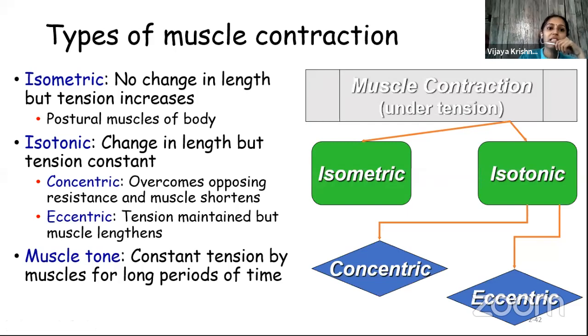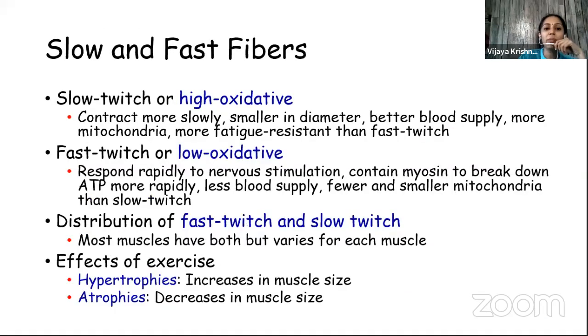The next classification that we are going to see is based on the fibers. So as we know, there are slow twitch fibers and fast twitch fibers. Slow twitch are highly oxidative. They contract for longer, have more mitochondria, and are more fatigue resistant. Fast twitch fibers are low oxidative. They respond rapidly. They have more ATP and fewer and smaller mitochondria.